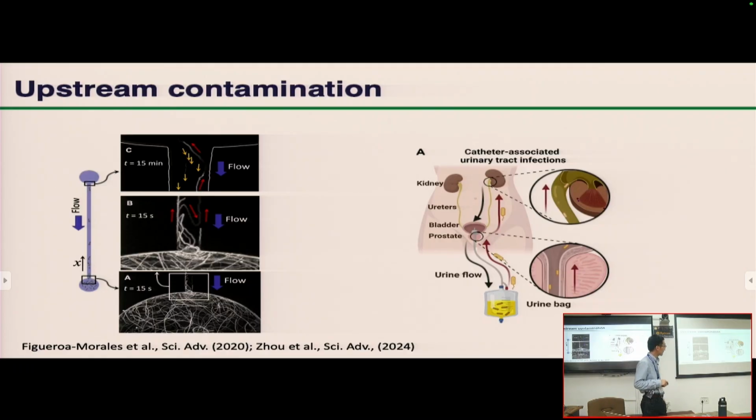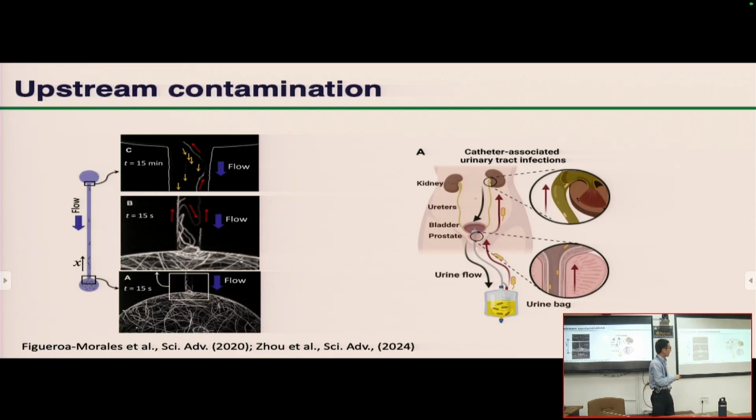This is interesting in the context of, for example, catheter infections. In patients with catheter implants, this kind of infection happens quite a lot, even though when you place these devices, they're all sterilized. So what happens here is you have urine flow coming out of the tube into this bag.